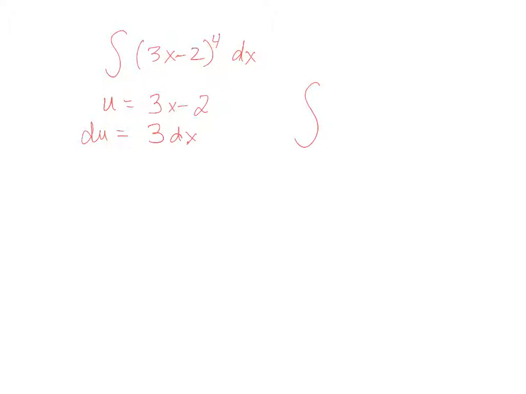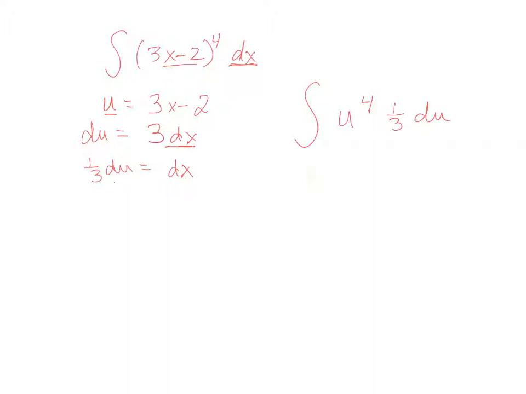So 3x minus 2 gets replaced with u. And I only have dx left over. Okay, well, to get dx by itself, I'd have to divide both sides by 3. So does this work? Well, now that I have dx, I replace dx with 1/3 du. So the question becomes, are there any x values left in the statement? The answer is thankfully no, therefore the u substitution did work.